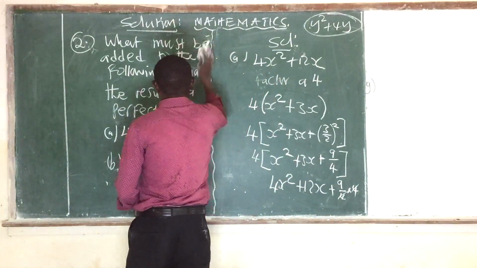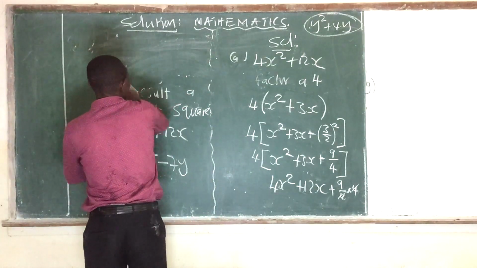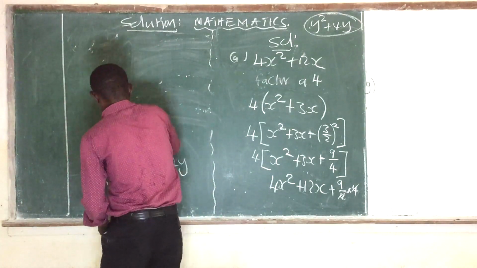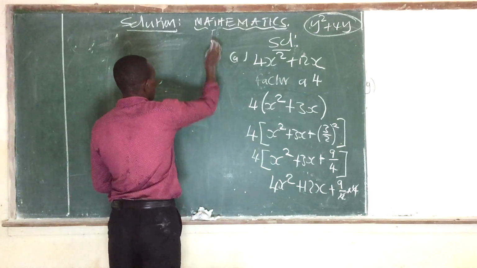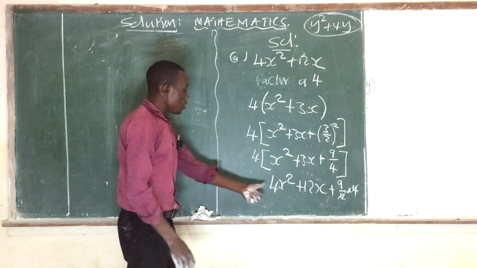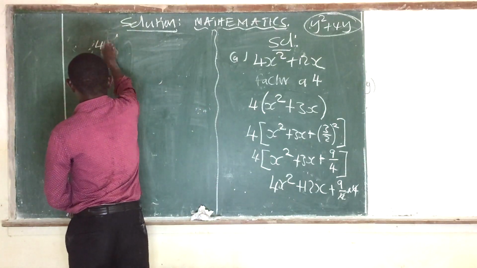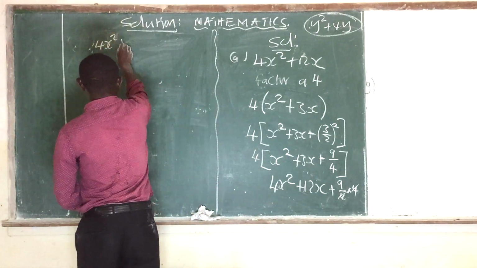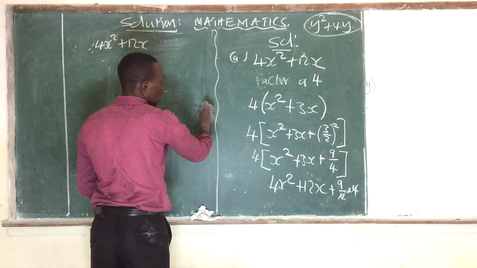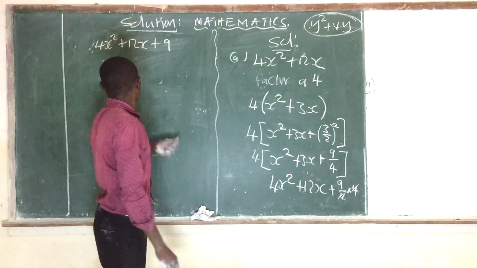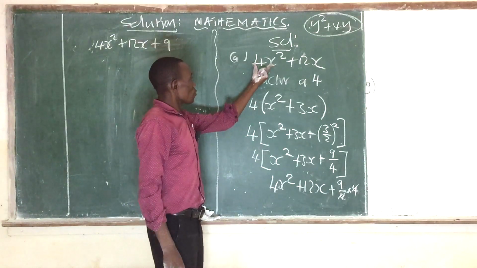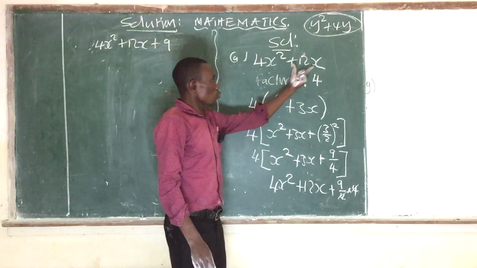So from what we have just done, the expression we obtain will be 4x squared plus 12x plus 9. You can see here we have 4x squared, 4x squared, 12x, 12x.